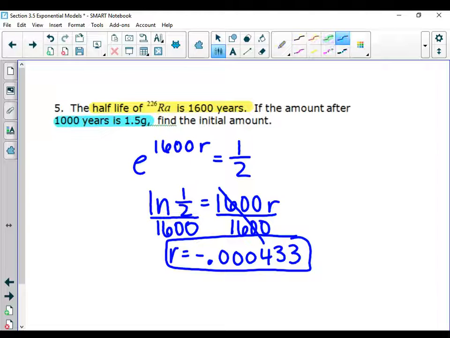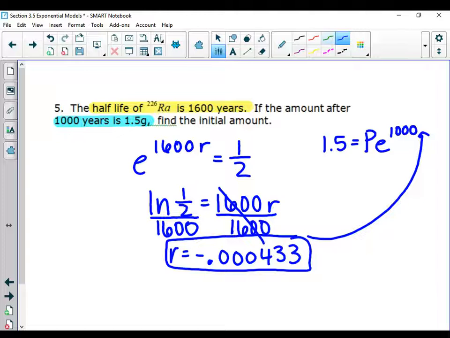All right. So then from there, now that I have that information, I can solve for the rest. Okay. So if the amount after 1,000 years is 1.5, I need to find the initial amount. Well, we have our rate and we have our time now. So we've got 1,000 and we've got our rate. So that's why I was saying keep it in your calculator so that way you can keep this as pure as possible. So E raised to the 1,000 times my rate is all a number, okay?